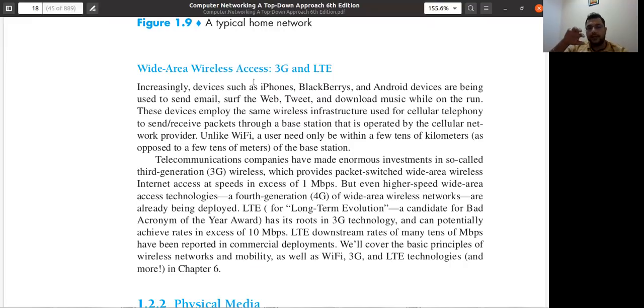If you compare the progression of all generations, between 1G and 2G the difference is they introduced data also, but over a period of time it is in terms of providing more bandwidth, more connectivity, lesser delay. So these technologies evolve.